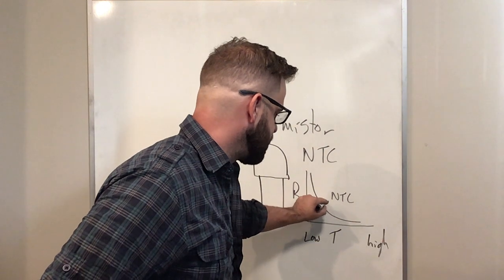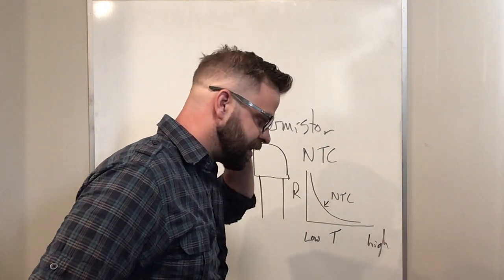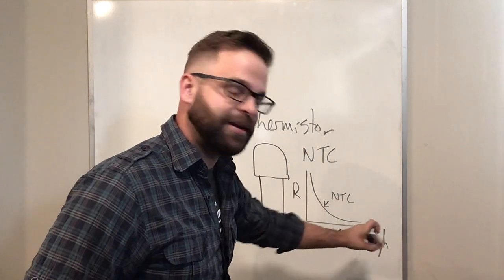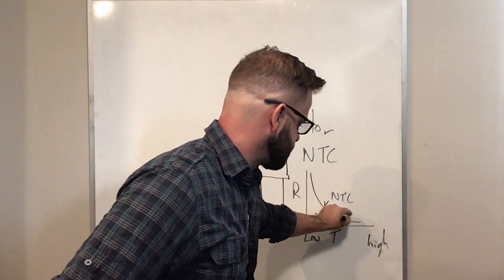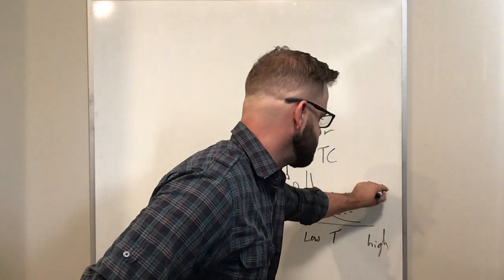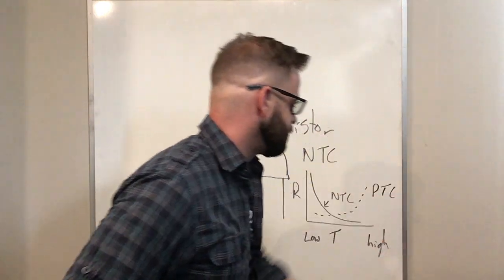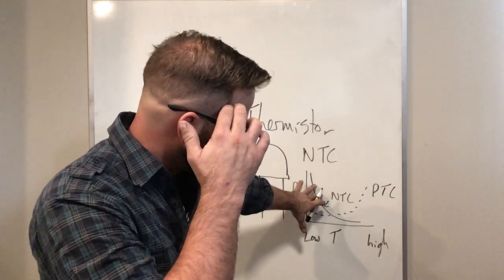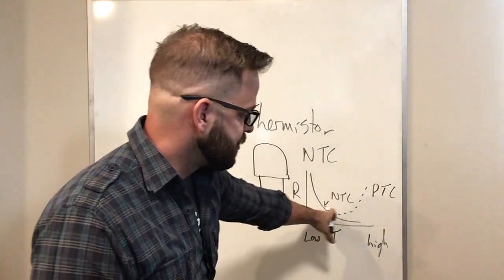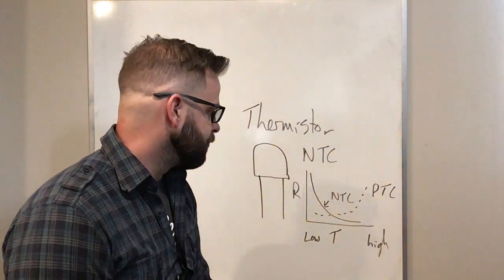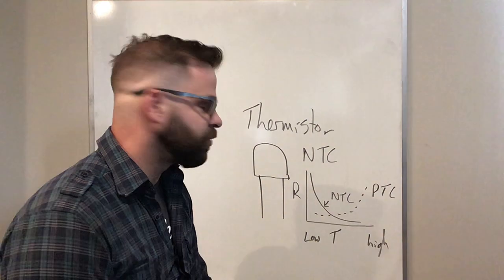With a positive temperature coefficient, as the temperature got higher, you would see it go in the opposite direction. So that is PTC, positive temperature coefficient. The majority of them are NTCs, and the RTDs are typically positive temperature coefficient. Just know the difference between those two.